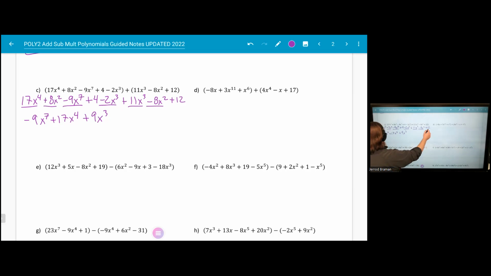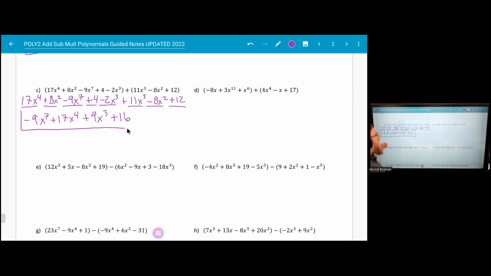Then we've got plus 4 and plus 12, so plus 16. Again, these are expressions. We're not solving for anything right now. We're just trying to simplify, combine like terms. What we ended up with is negative 9x to the 7th plus 17x to the 4th plus 9x cubed plus 16.